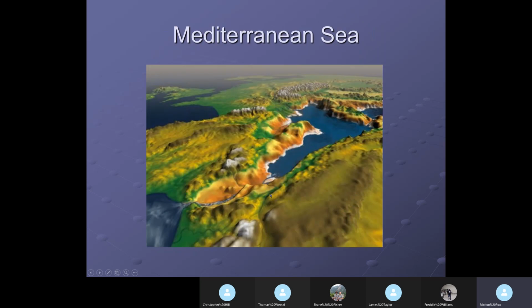The Mediterranean Sea, one time in the past, now this is an artist's conception of what they claim happened, that this was closed over here. What they claim happened was, they claim we had an ice age, and a lot of ice was stored up in the oceans, and the level went down. And then it rose, when it began to melt and rise up, it began to come into this area here.